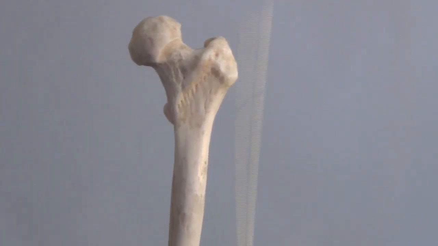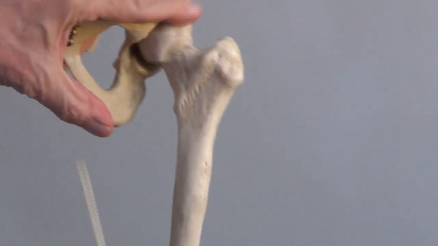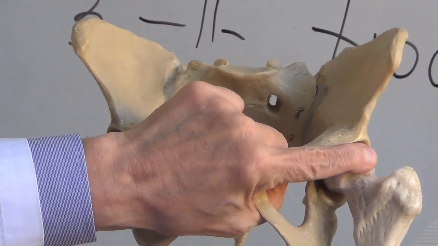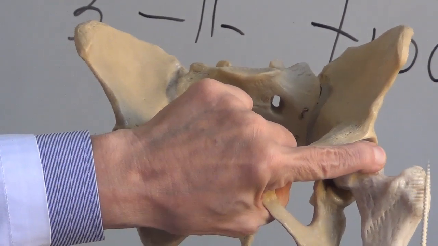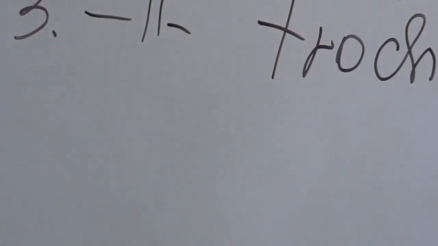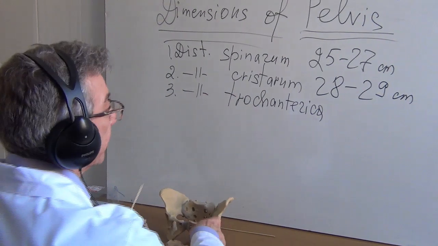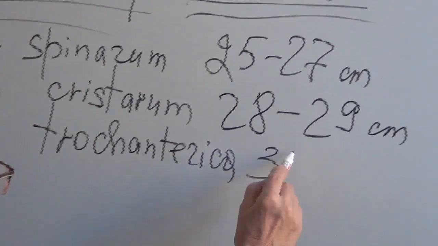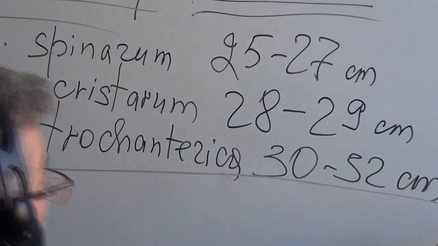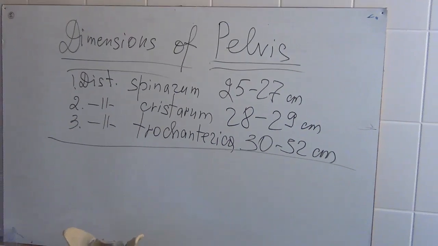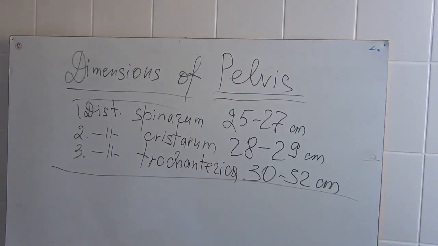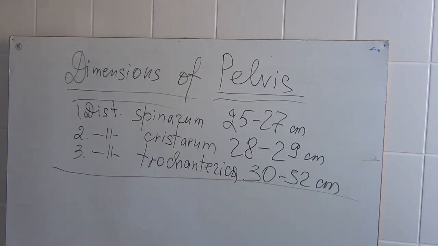If we connect the femur with the pelvis, we can understand that the distance between these points from left and right side will give us distantia trochanterica, which should be 32 centimeters. So we have here three dimensions of large pelvis, of pelvis major.